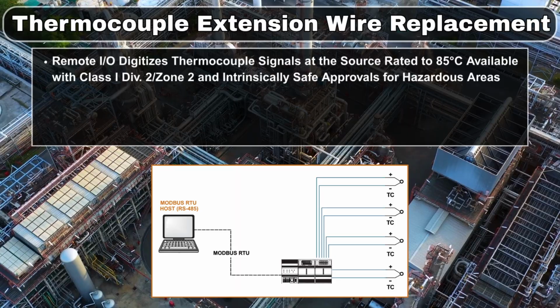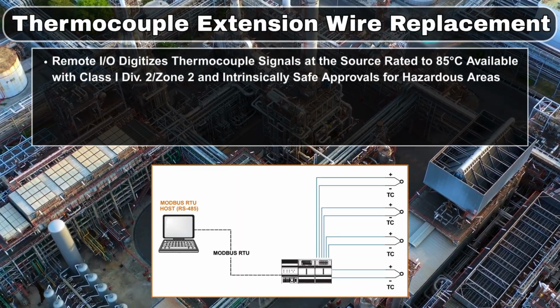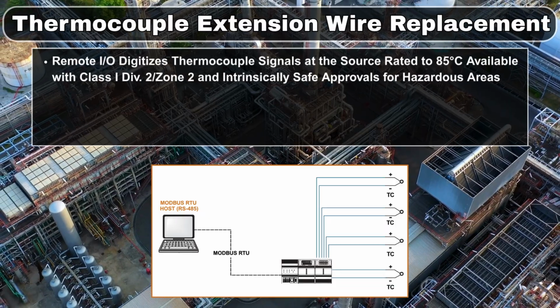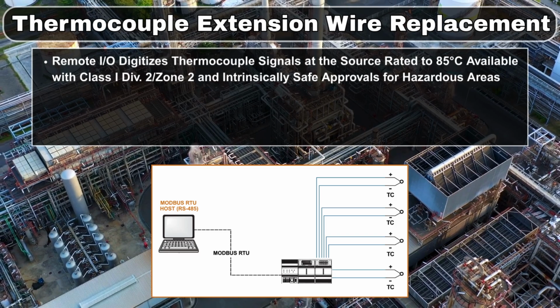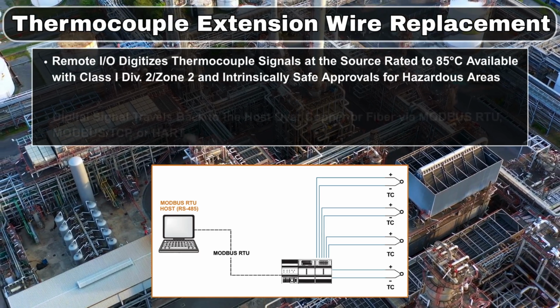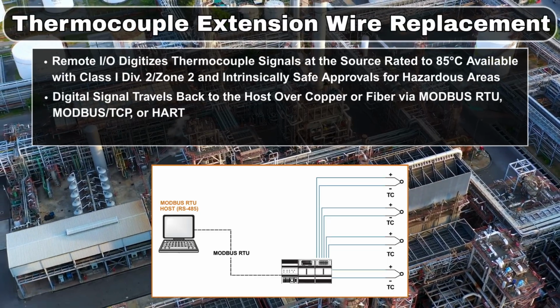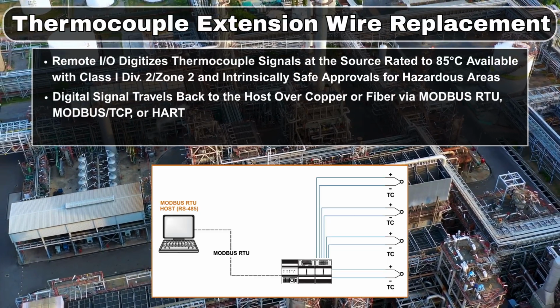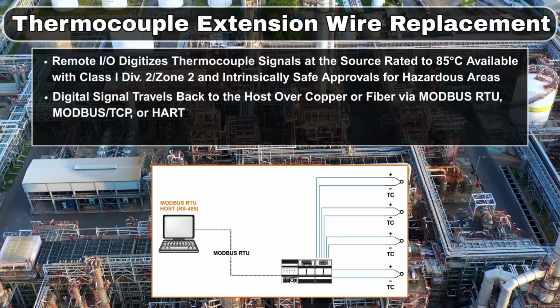Since many remote I/O systems are suitable for hazardous area environments and can withstand ambient temperatures of up to 85 degrees Celsius, you can digitize each temperature signal right at the source. From there, the data travels back to the control system or historian over standard copper wire or fiber, using protocols like Modbus RTU, Modbus TCP, or HART.